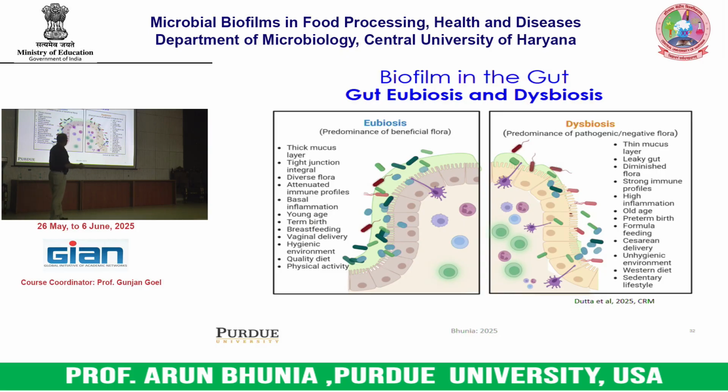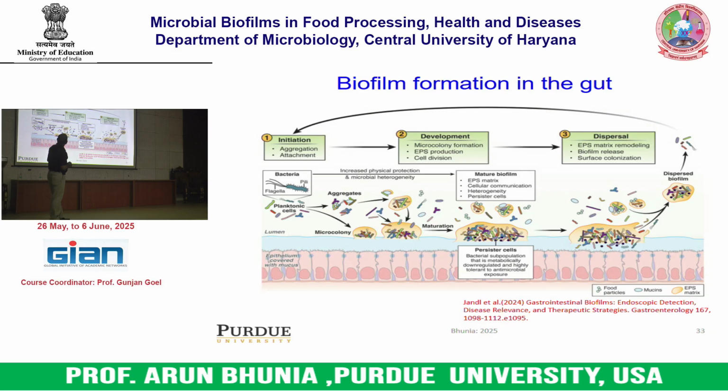Okay, and in order to understand what happens, the microbial community forms biofilm, and that really tries to maintain the eubiotic conditions, or eubiosis. So if you look at the biofilm formation in the gut, again, remember this morning I keep telling you, no matter what surface, abiotic or biotic, the mechanism is very simple or similar.